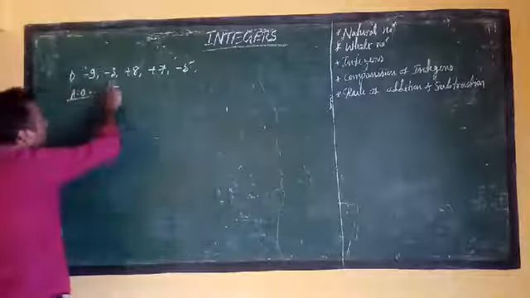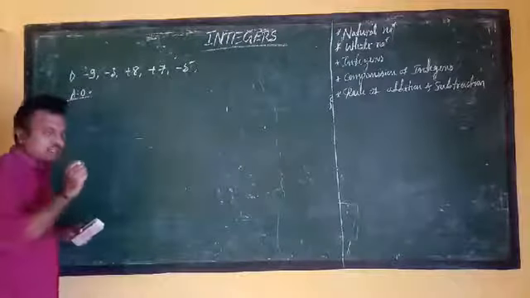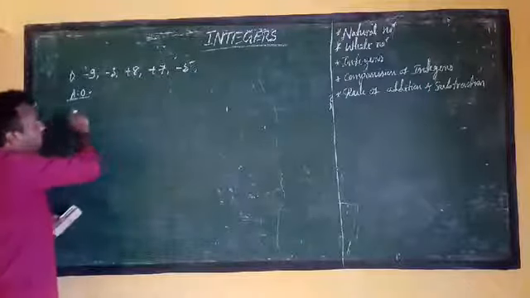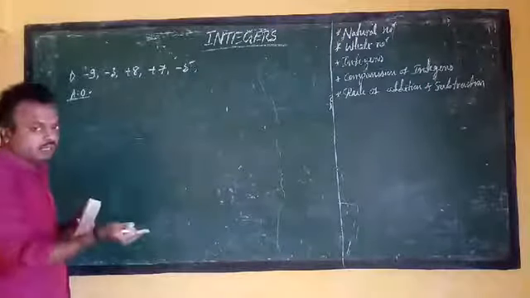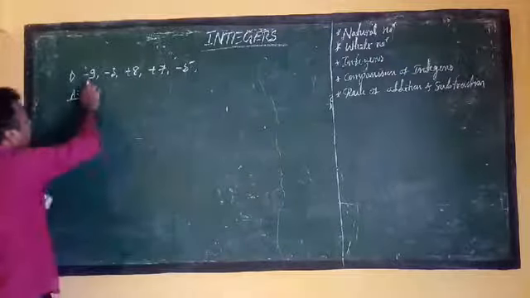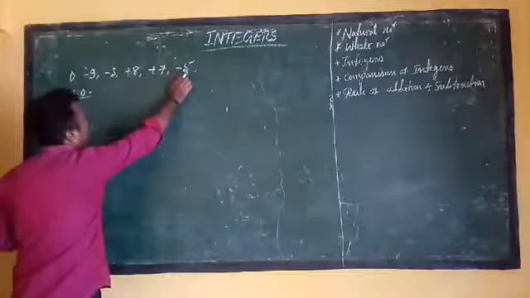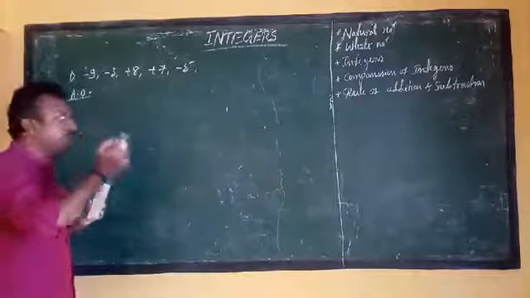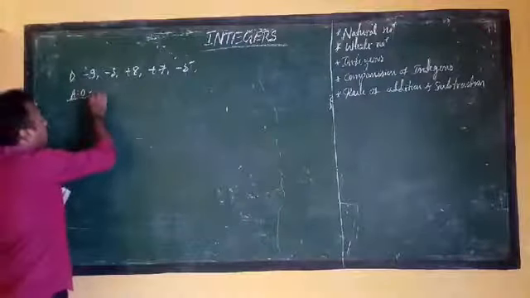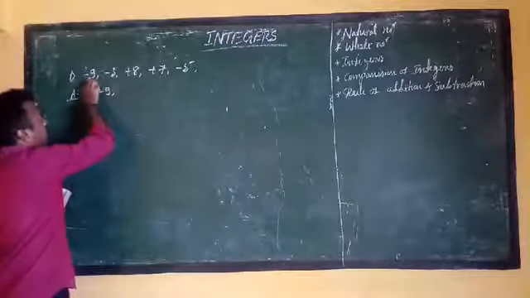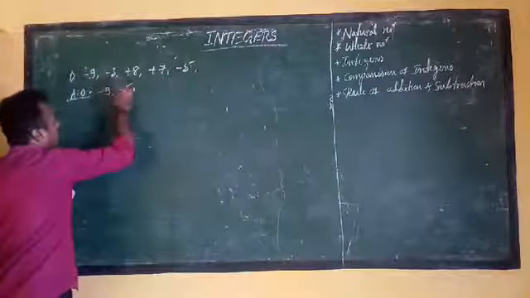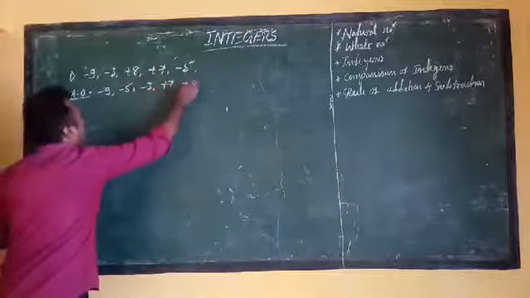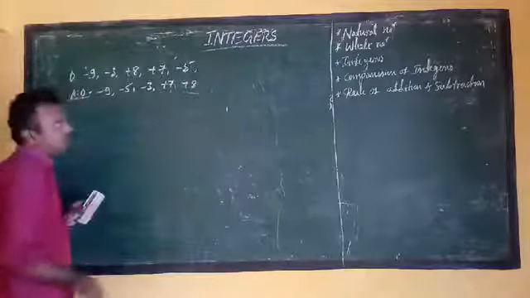Which is the smallest integer? Negative numbers are smaller than positive integers, correct? First we consider the negative integers: minus 9, minus 3 and minus 5. The smallest means the biggest negativity, which is minus 9. Therefore, minus 9 is the smallest. Then minus 5, then minus 3, then plus 7, then plus 8. So this is the ascending order.